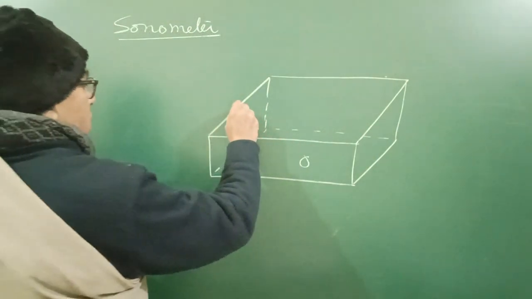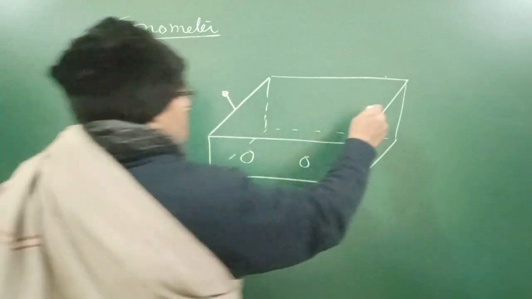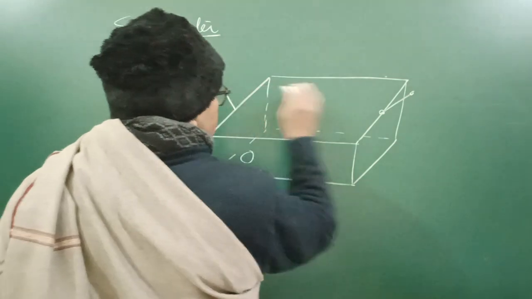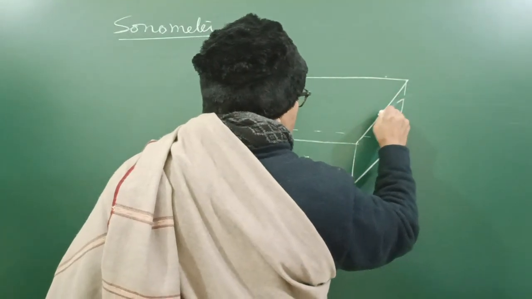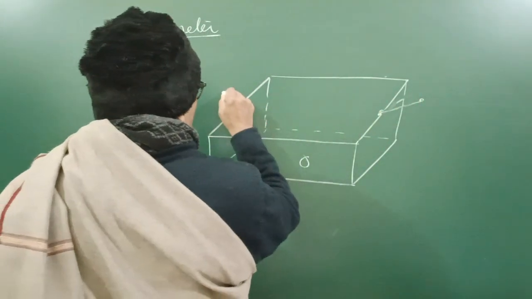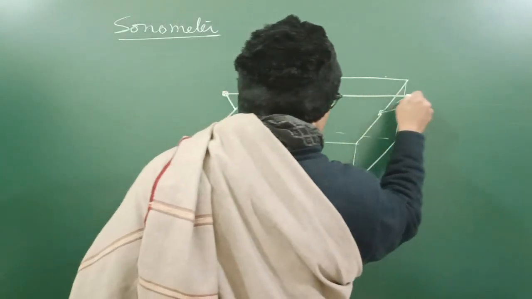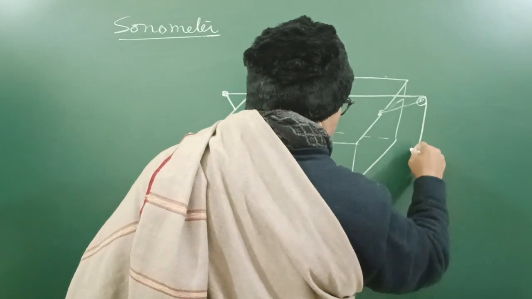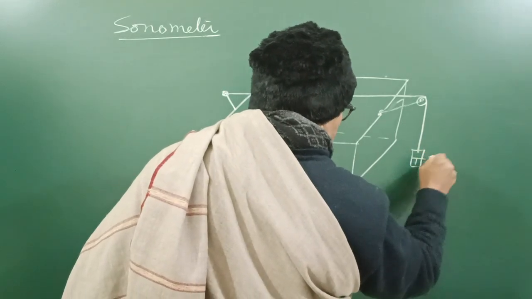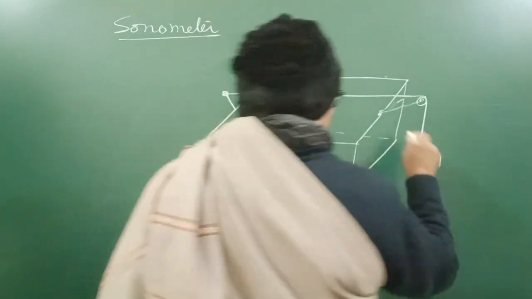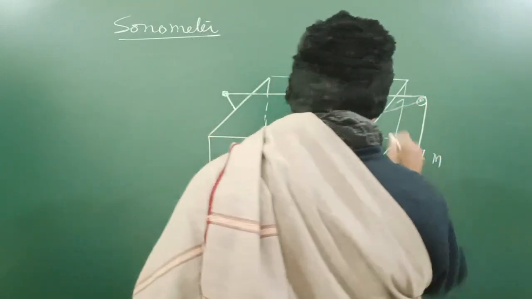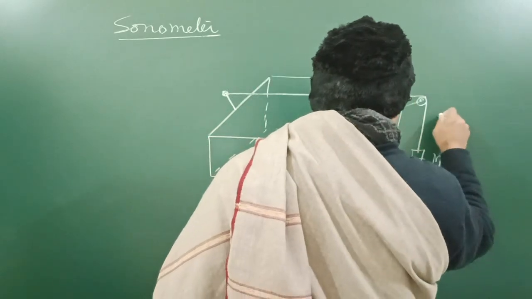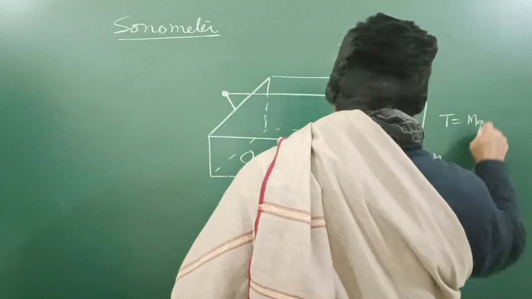Here we fix support, two long nails, and here a wire is stretched and passes over a pulley, and we suspend a weight M. So tension in the string T equals mg.